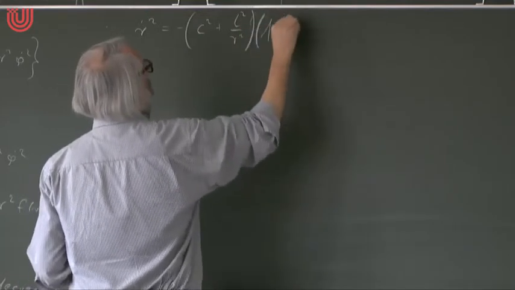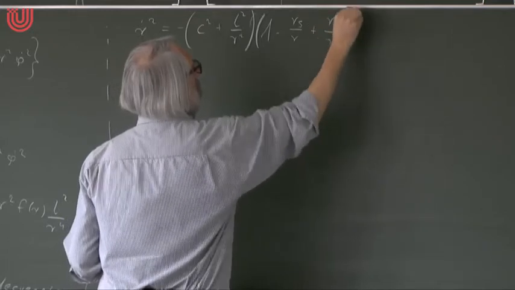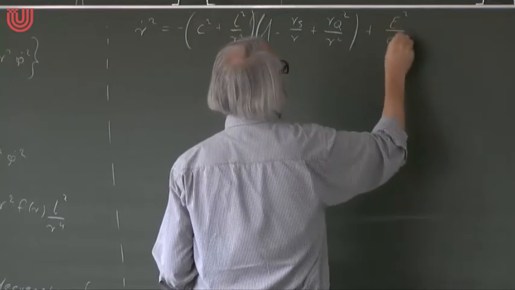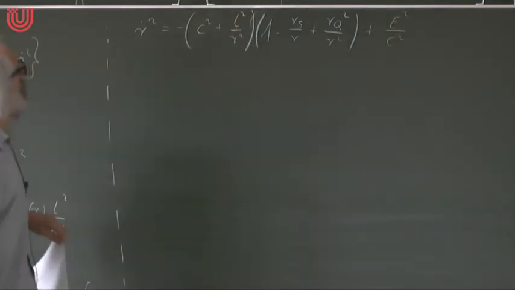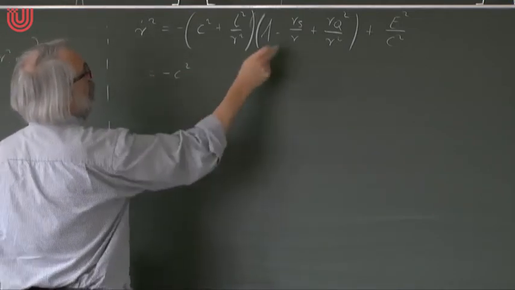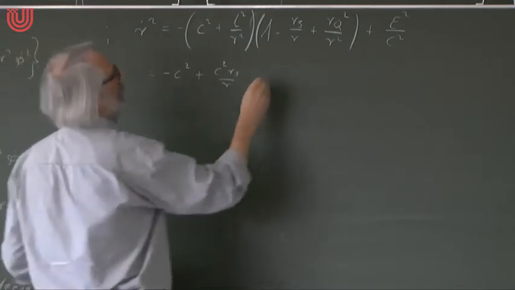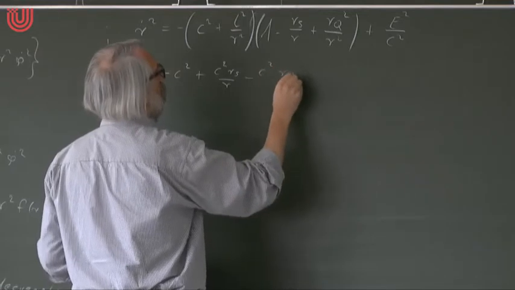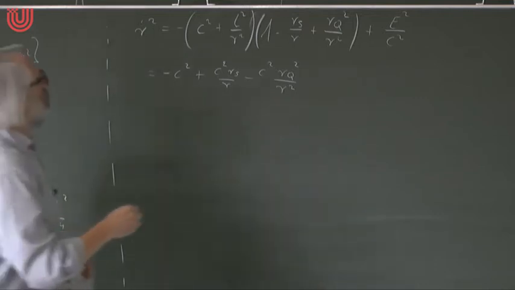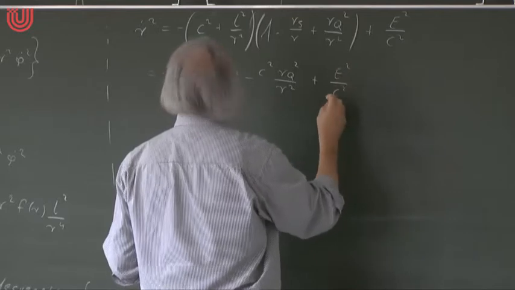And the f was 1 minus Rs over R plus RQ squared over R squared. And then I have a term plus E squared over C squared. Okay, and now I multiply this out. So I have minus C squared plus C squared Rs over R minus C squared RQ squared over R squared. And I think the rest I can leave as it is, plus E squared over C squared.